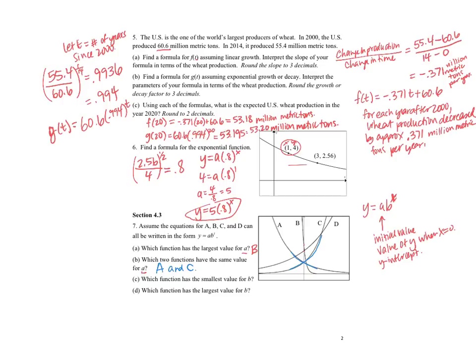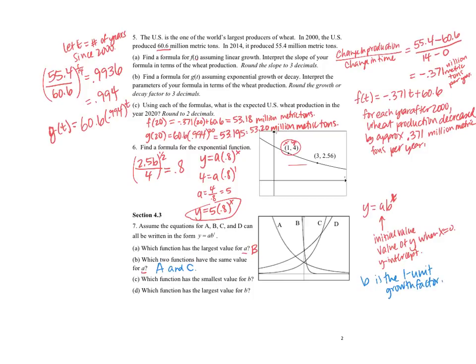And then it says which function has the smallest value for b. And so I think what we need to do here is think about what is the role that b plays. So b is the 1-unit growth factor.